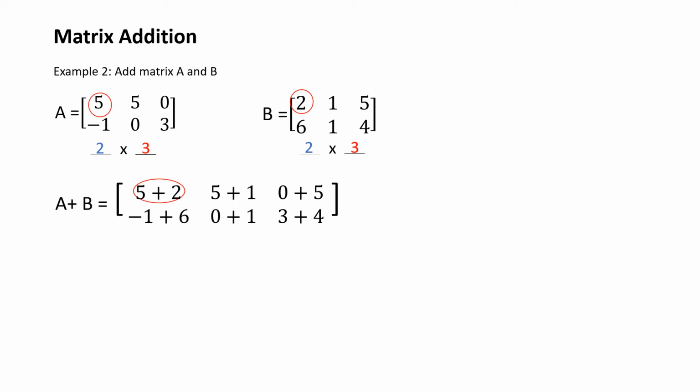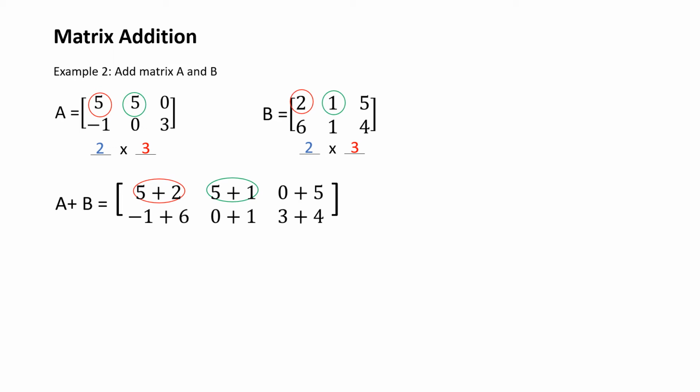Let's look at row 1 and column 2. The value in matrix A is equal to 5, and the value in matrix B is equal to 1. Therefore, the entry in matrix A plus B in row 1 and column 2 is 5 plus 1. Let's look at one more.